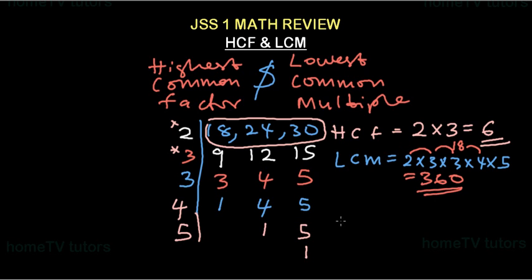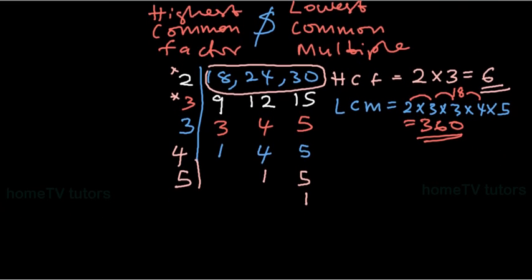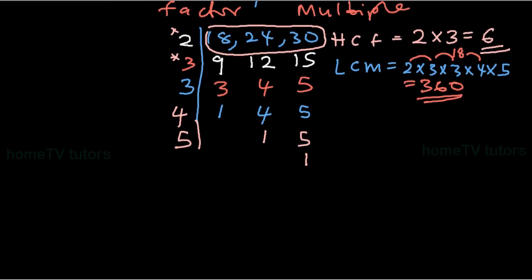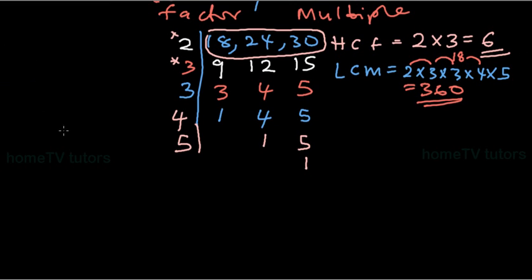All right, let's quickly check another example to help you understand what we just did. Let's find out the HCF and the LCM of these numbers. Let's say we have 84, 56, 70.